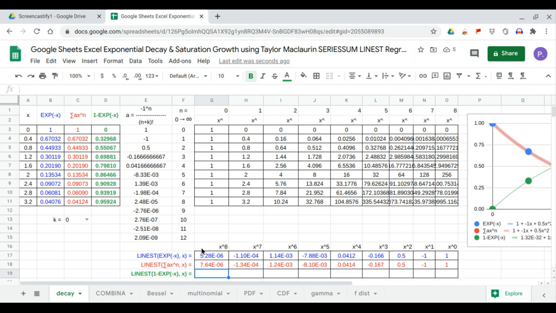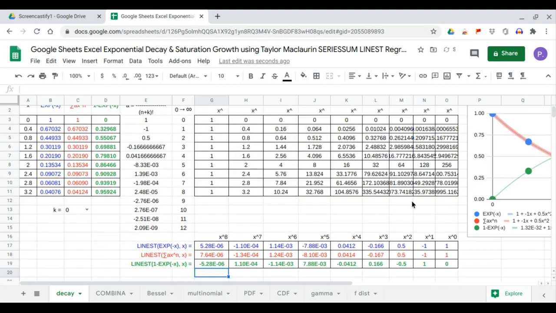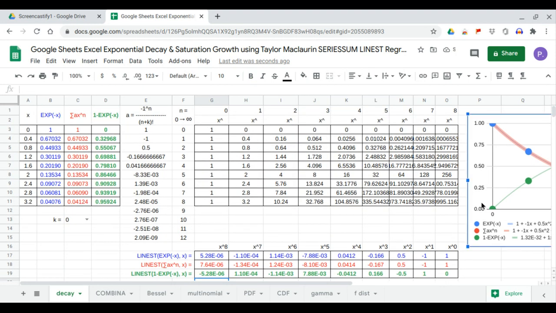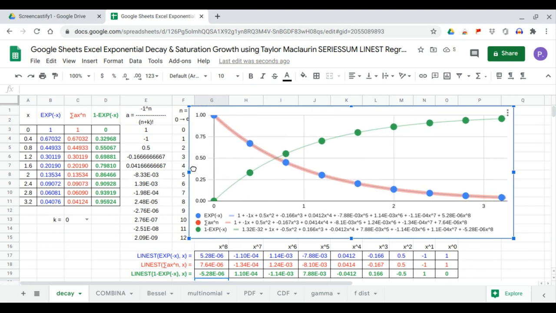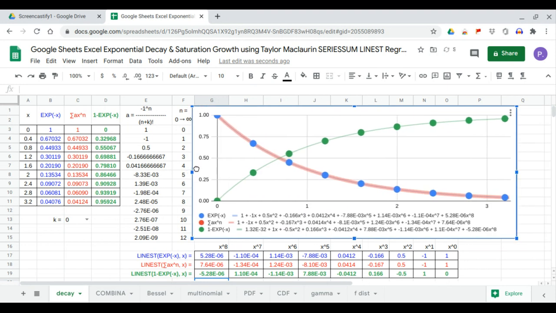And for the saturation growth, which is LINEST data y and data x. Now we have completed the regression coefficients of the decaying and saturation growth model and the Taylor-Maclaurin series sum expansion.